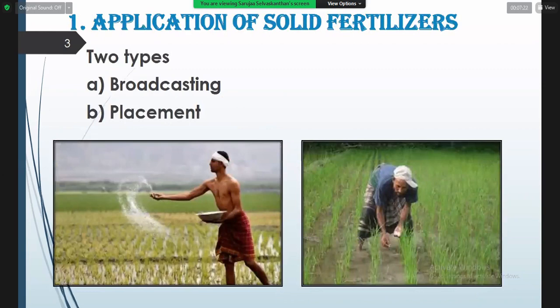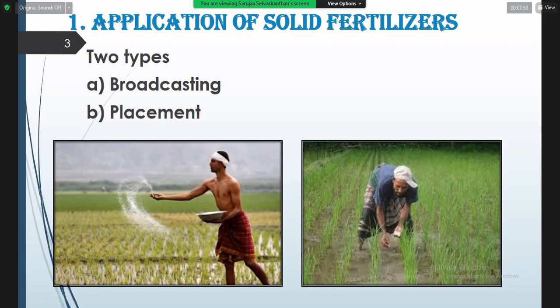For application of solid fertilizer, we apply two methods: broadcasting and placement. Broadcasting, as you can see in picture number 1, is used as a basal mixer or top dressing. Basal mixer means that after the seed has germinated, we apply immediately. After the vegetative stage, applying fertilizer is called top dressing.